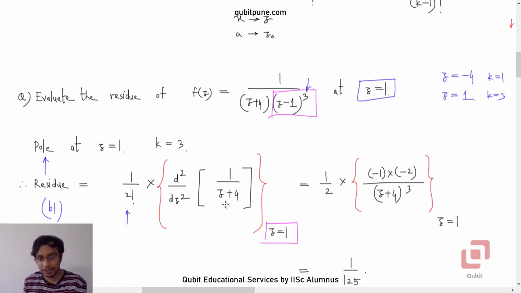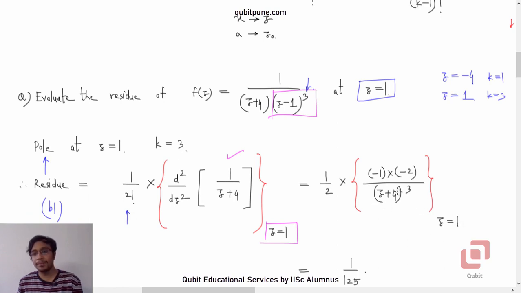The derivative of 1 upon z plus 4 will be negative 1 upon z plus 4 bracket squared, and the second derivative of this function will be negative 1 into negative 2 upon z plus 4 to the power 3.